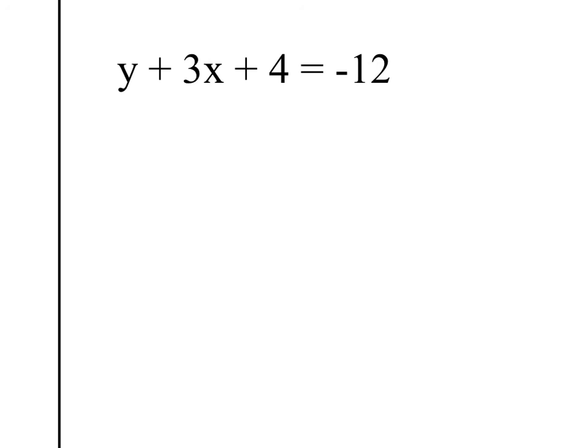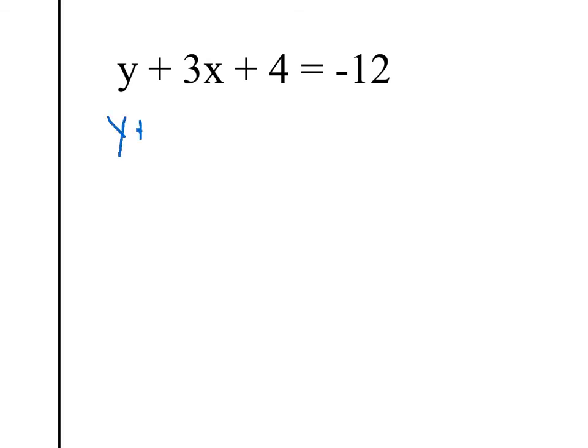What's the inverse operation of, let's start with the 3x, what's the inverse operation of having added the 3x? It's addition. What's the inverse operation of addition? Add the opposite.